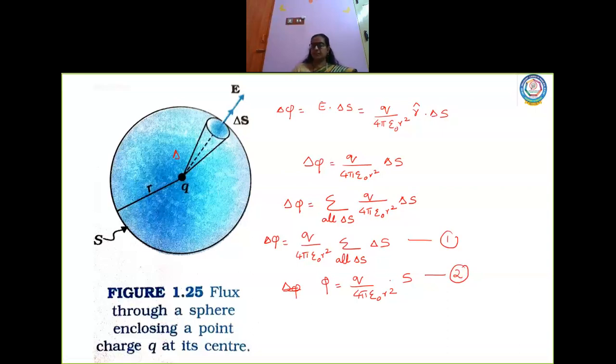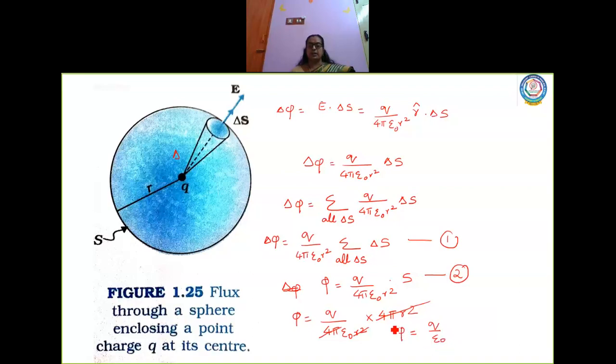Right, I am going to substitute the area of the sphere. What is the area of the sphere? Area of the sphere is 4 pi R square, right? So it is Q by 4 pi epsilon naught R square into 4 pi R square. So this entire term 4 pi R square gets cancelled. So here is the formula for flux, which is Q by epsilon naught.